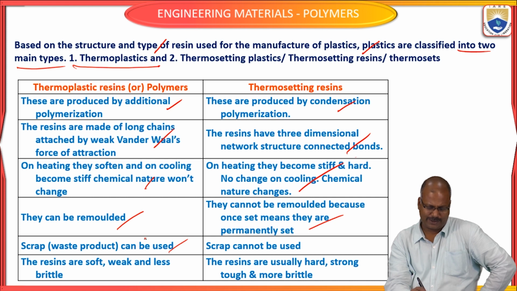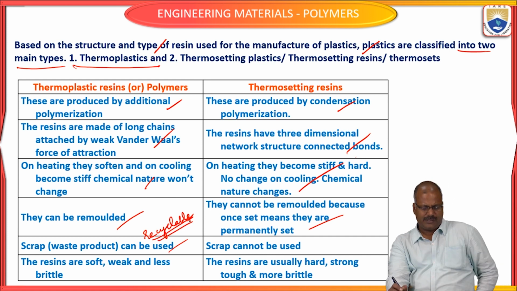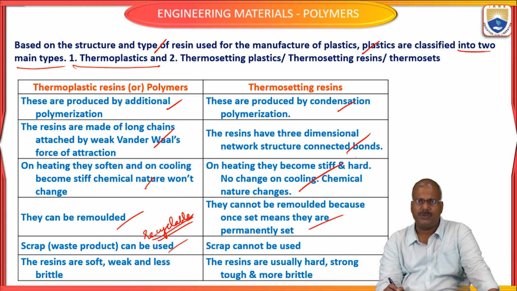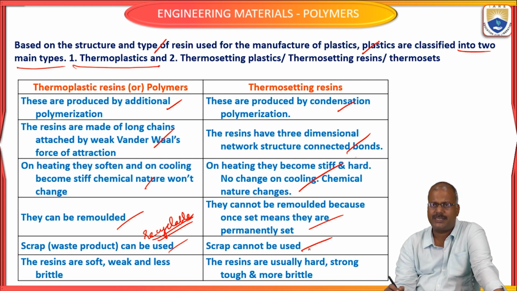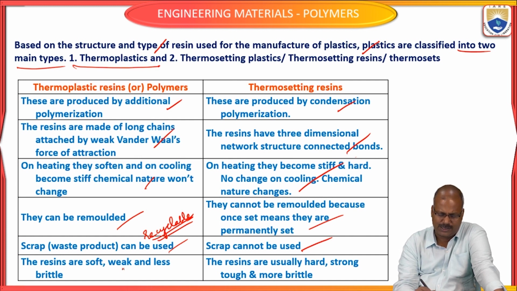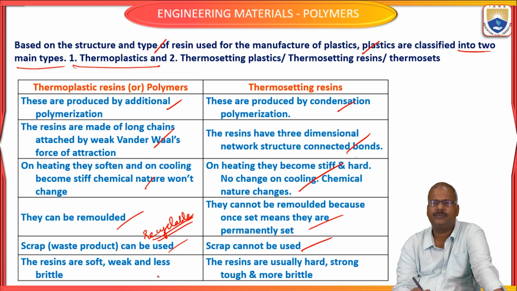Scrap. This is regarding recycling. Scrap waste products of thermoplastics can be used for recycling. Here, thermosetting scraps cannot be used because they cannot be molded or recycled. Thermoplastic resins are soft, weak and less brittle.